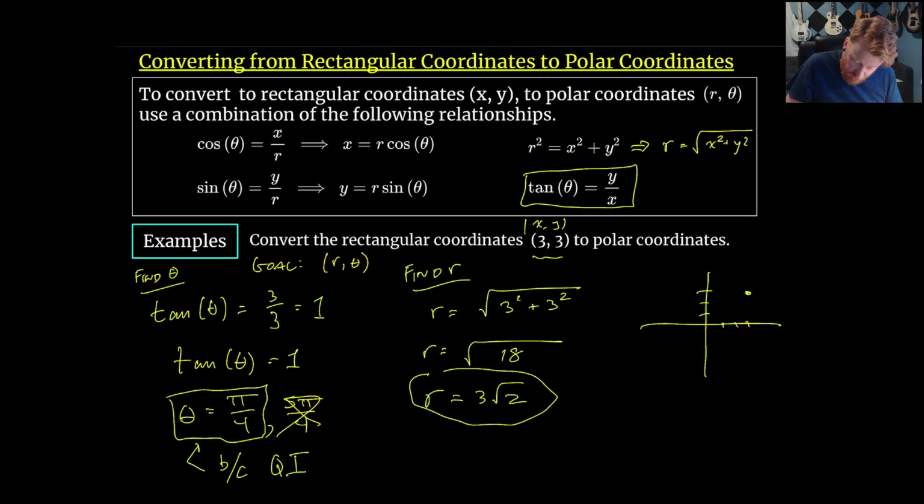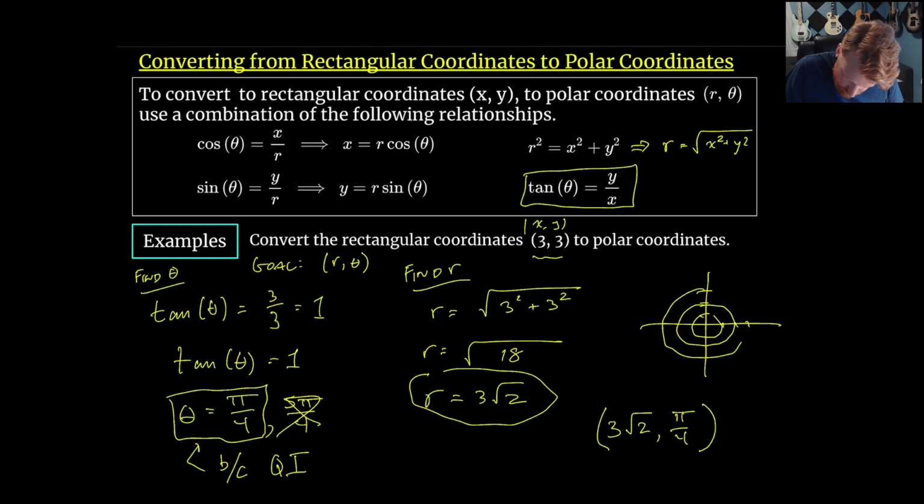So if I want to write this in polar coordinates now, this is the point 3 square roots of 2, comma, pi over 4. And if I wanted to think about some circles here instead, we'll get rid of that. And we're looking at 1, 2, 3. I'm going to put a fourth one. Oh, that's a terrible circle.